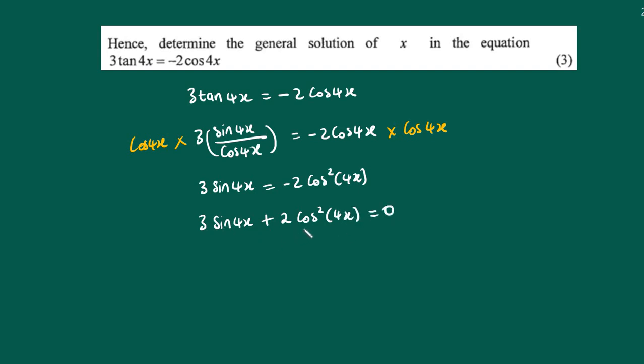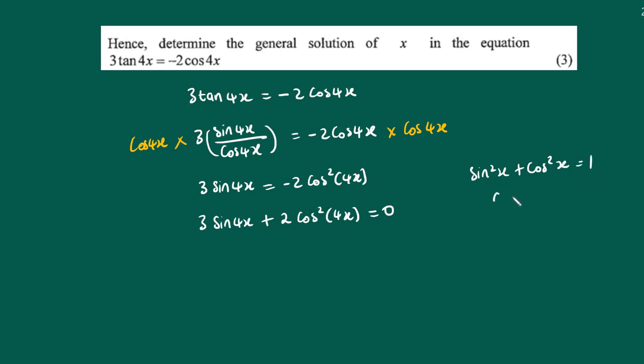Now you can see that there's a square here. You can't get tan from it because you have a square. So what do you do now? If you have a square, change it to the one with sine. Remember, it goes back to this identity: sine squared x plus cos squared x is 1.